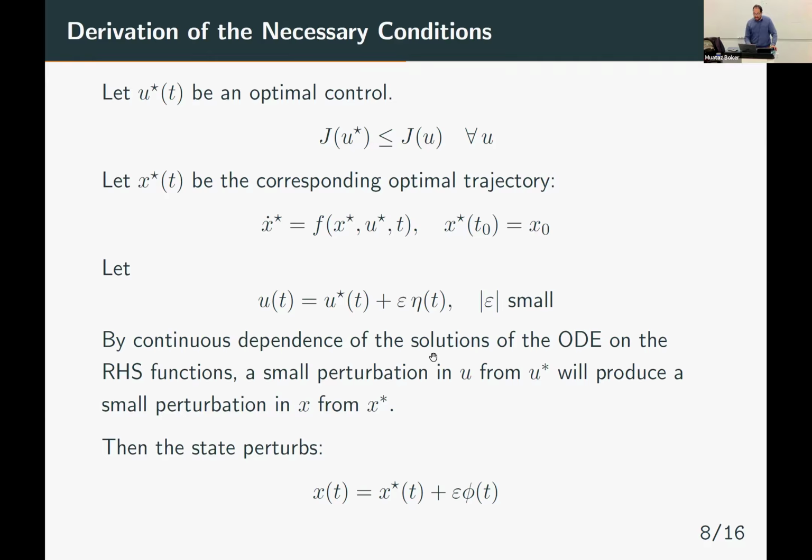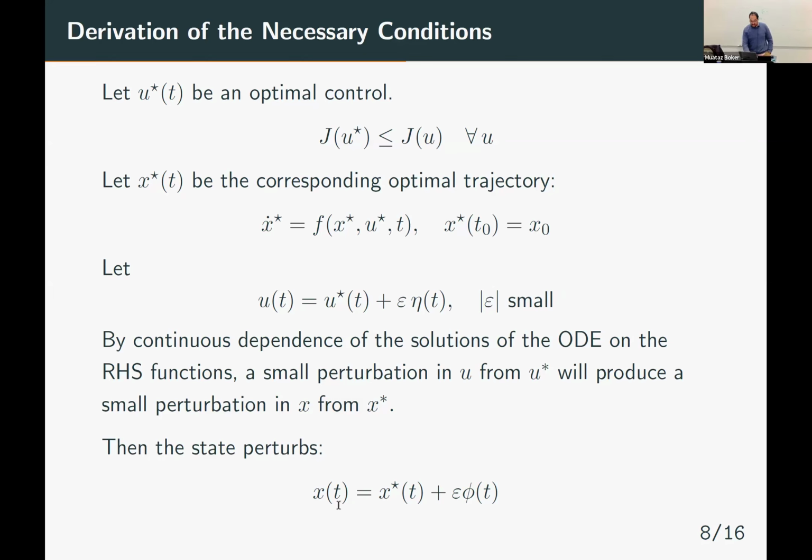This is a well-known fact for continuous equations of this form. Essentially, because we perturb U star and plug it into the system, X will be perturbed by approximately the same amount, because of the continuity property of the system.